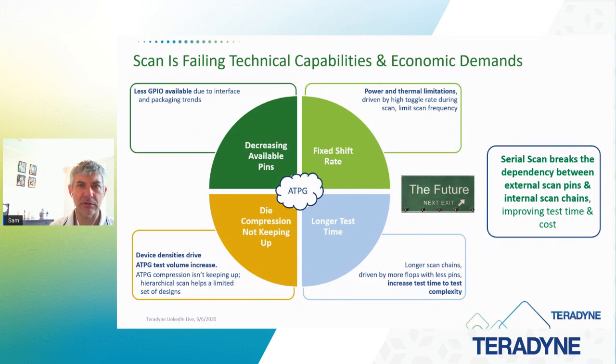The number of tester pins you're devoting to it is high. So serial scan, the one thing that it fundamentally does is it breaks that dependency between the number of external scan pins and internal scan chains. And that gives us the capability to bend the cost curve.